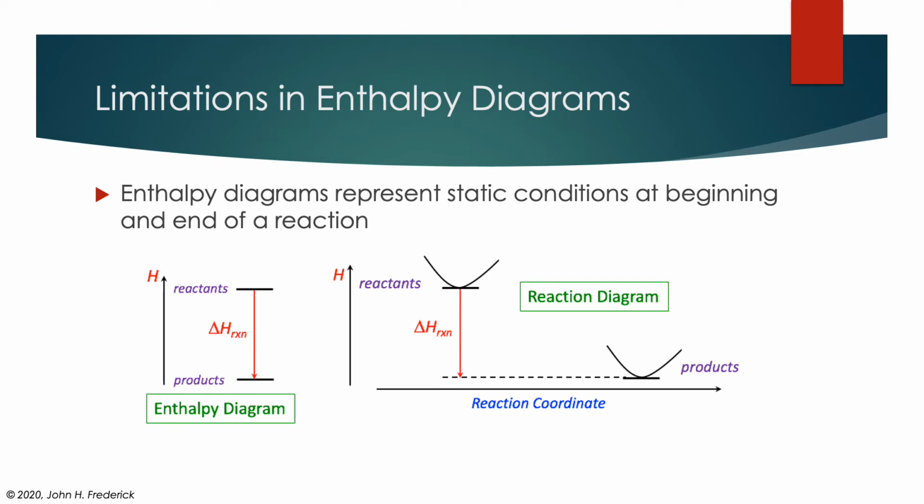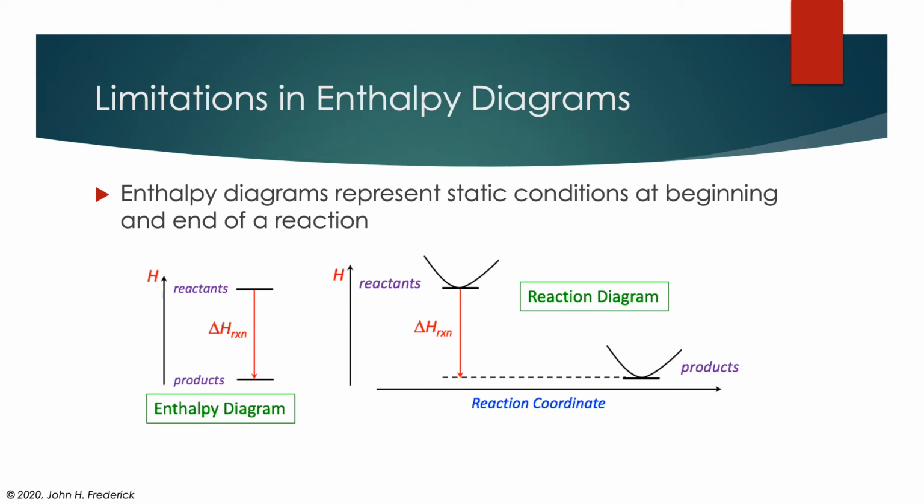In other words, it's not like they're just going to go to products and then that immediately switches to something else. Usually it's going to stay as products. Now, the difference in the enthalpy between reactants and products is still reproduced here. It's basically the enthalpy gap between the bottom of the valley for reactants and the bottom of the valley for products.